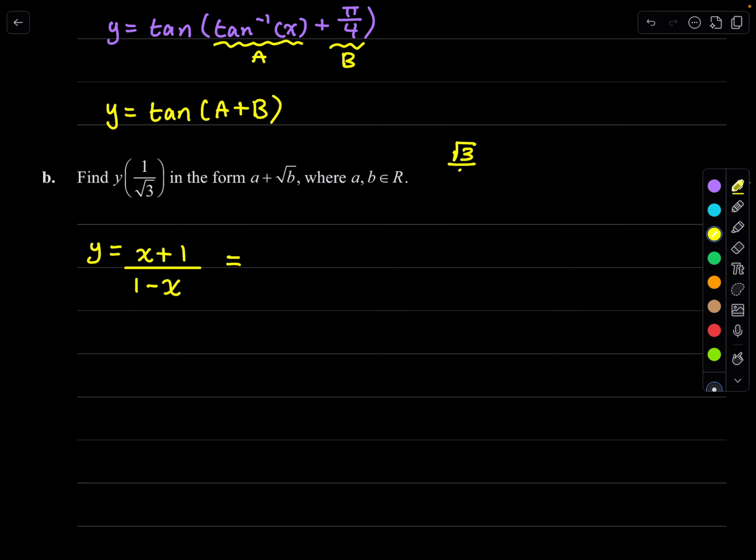So I'm going to sub that in there: root 3 over 3 plus 1 over 1 minus root 3 over 3. Then make it a common denominator. So it'll be root 3 plus 3 over 3, and 3 minus root 3 over 3.